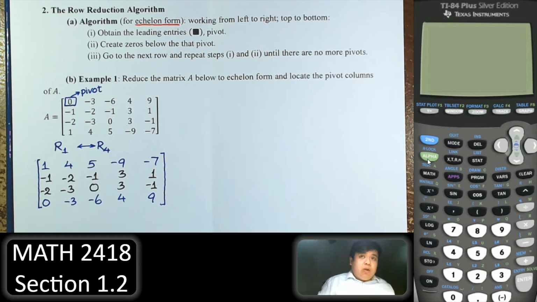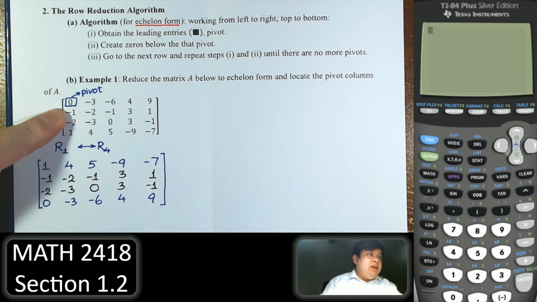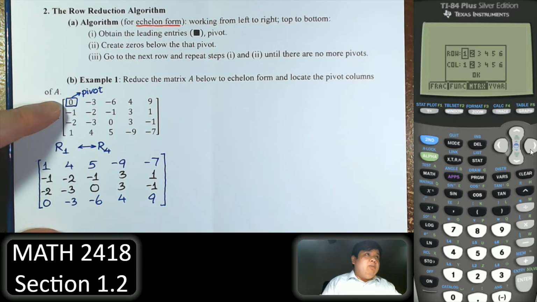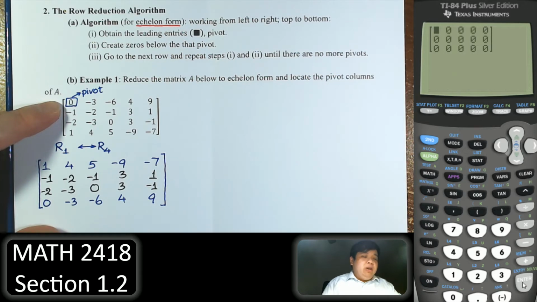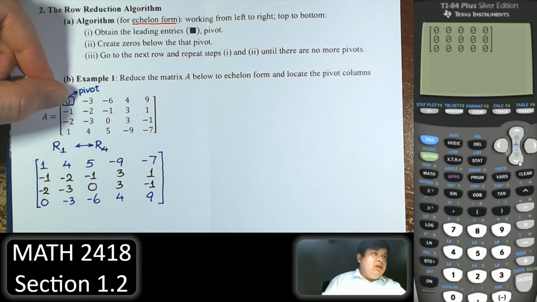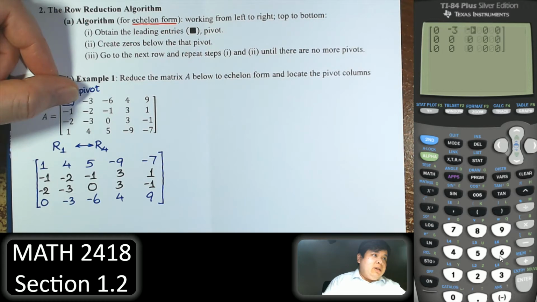Right, so now I'm just going to enter this matrix here. If I use the TI-84, that's alpha zoom, this one, 3 rows, 5 columns. Right, so we need the matrix. Enter the numbers 0, -3, -6.